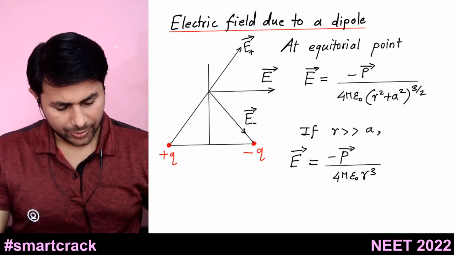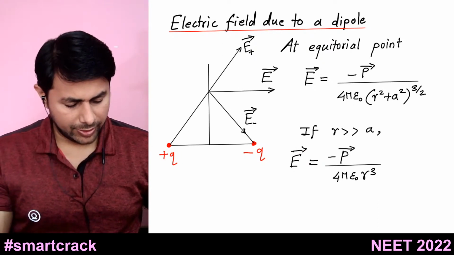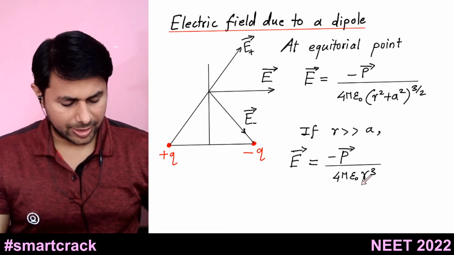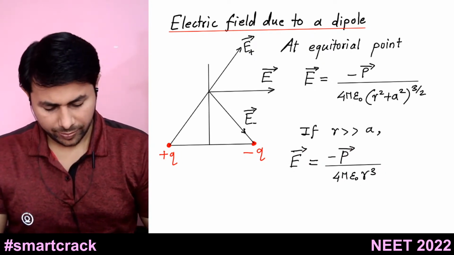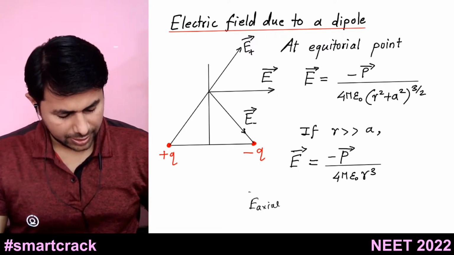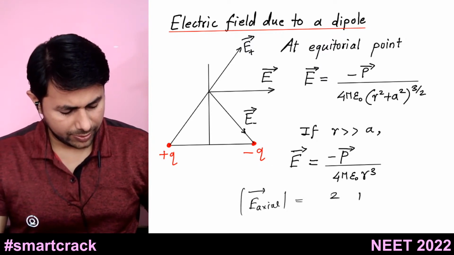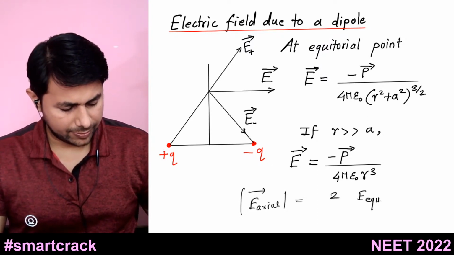Electric field at the equatorial point is E equals p divided by 4 pi epsilon naught r cube. So E axial is equal to what? In magnitude, it is 2 times E equatorial.